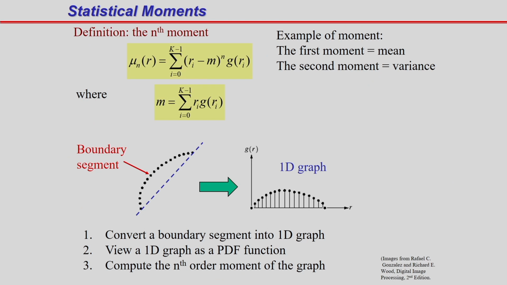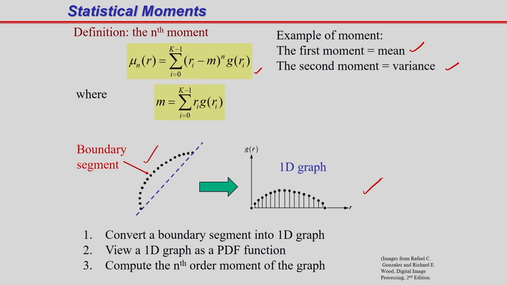Also, another method is to use statistical moments to represent a particular boundary. This is the definition of the nth moment. The first moment is called the mean, you know this one. The second moment is called the variance. Suppose the boundary segment is given. The boundary segment I can convert into a 1D graph, so you can see the conversion.